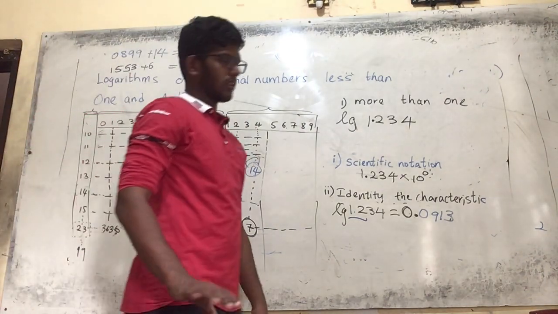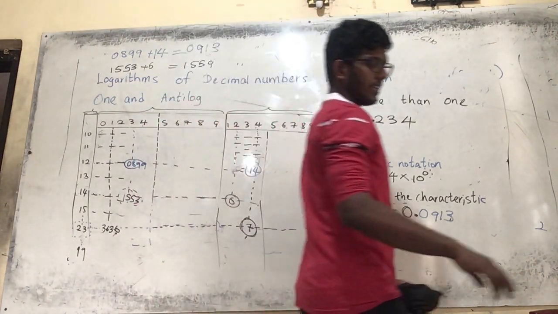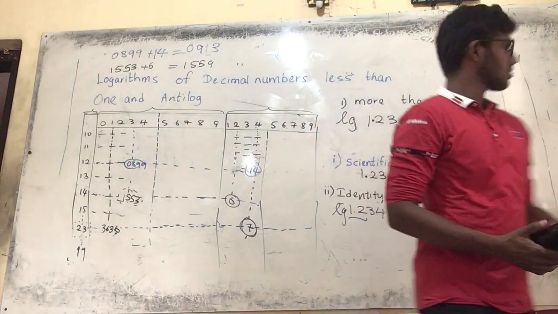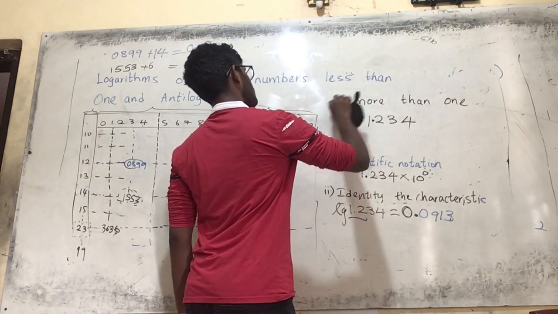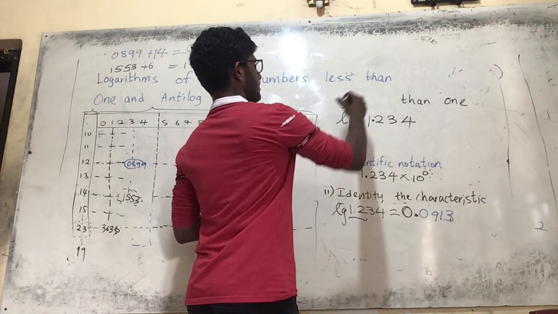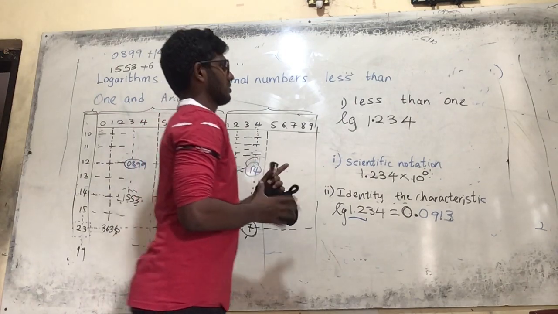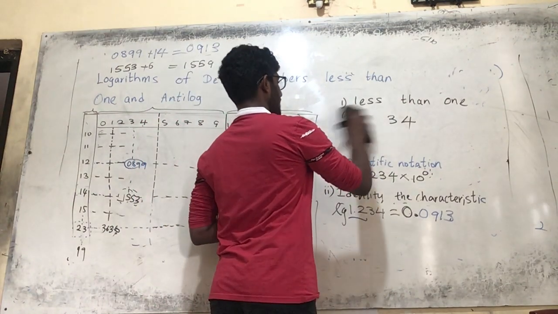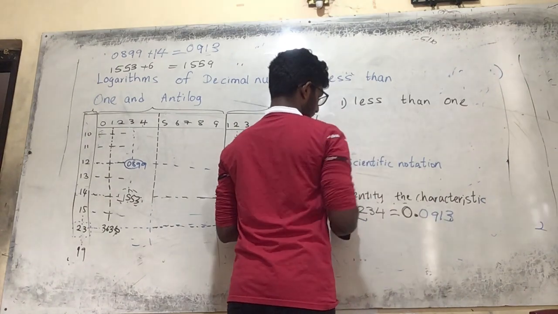Okay. Now next I have to discuss getting the log value when less than 1. That means what? 0 point values. Okay. So the less than 1 situation. Still the steps are the same.